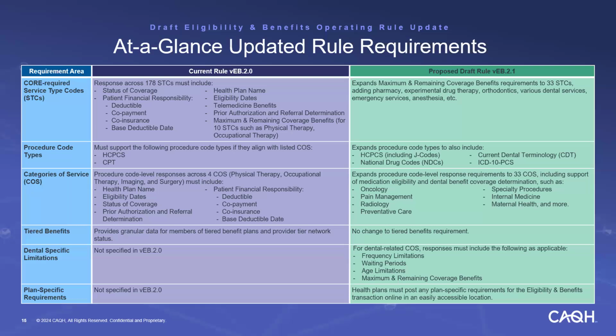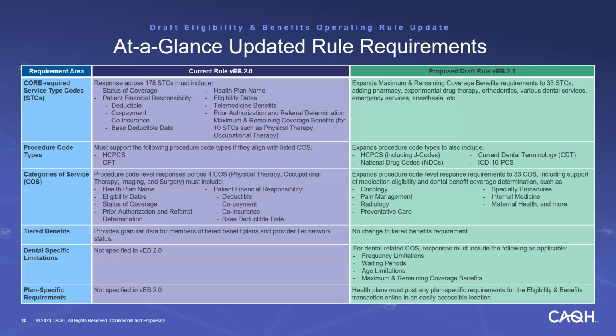So task group and review work group participants extended the requirement to return maximum remaining coverage information from only 10 STCs now to 33 STCs, which is what the top right bullet in green outlines.